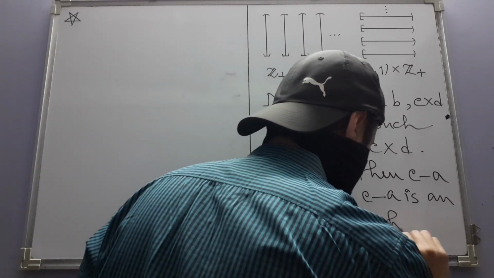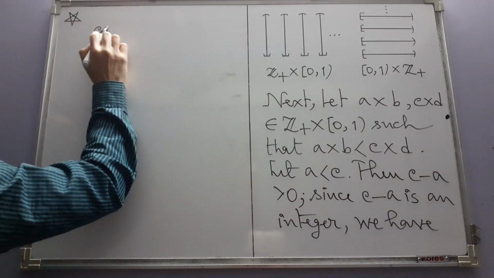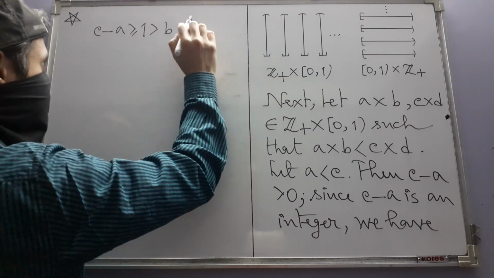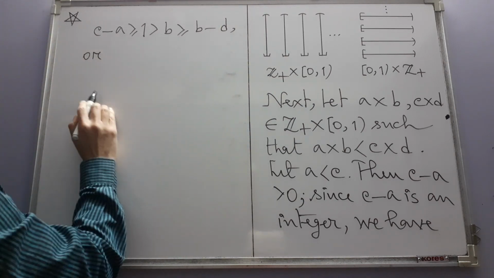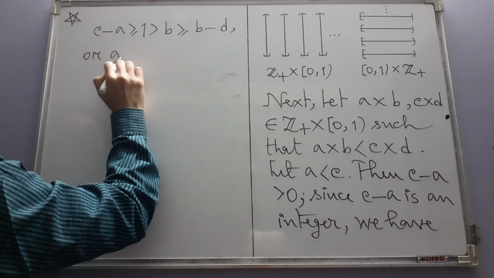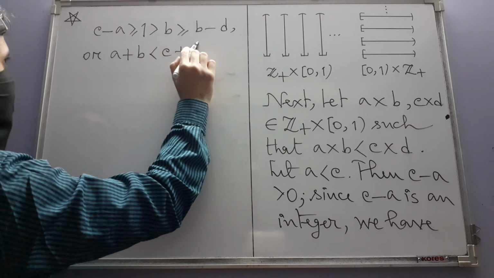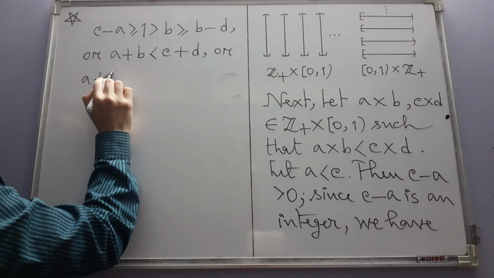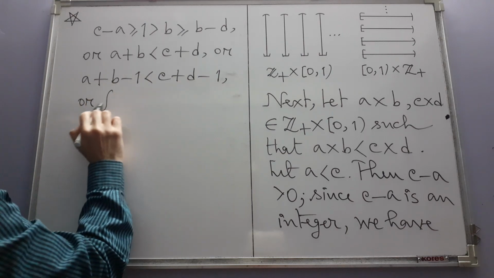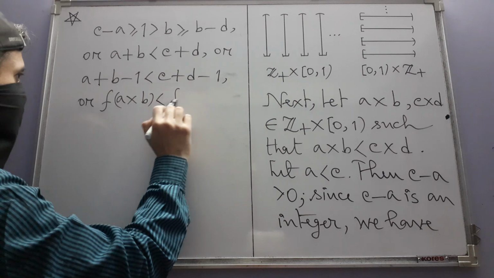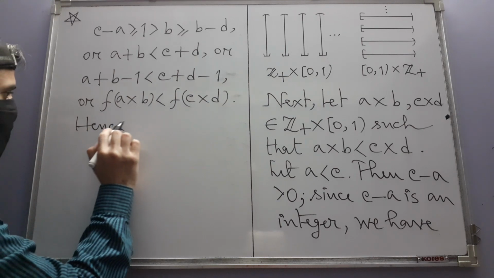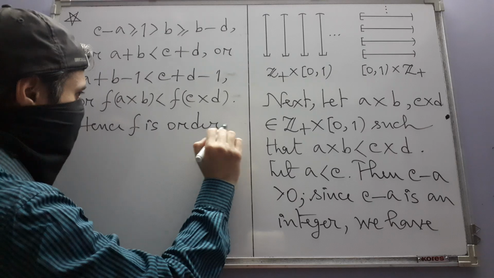We have C minus A greater than or equal to 1, greater than B minus D, or because we have written these things on that side, A plus B will be less than C plus D, or A plus B minus 1 is less than C plus D minus 1, or F of A times B is less than F of C times D. Hence, F is order preserving.